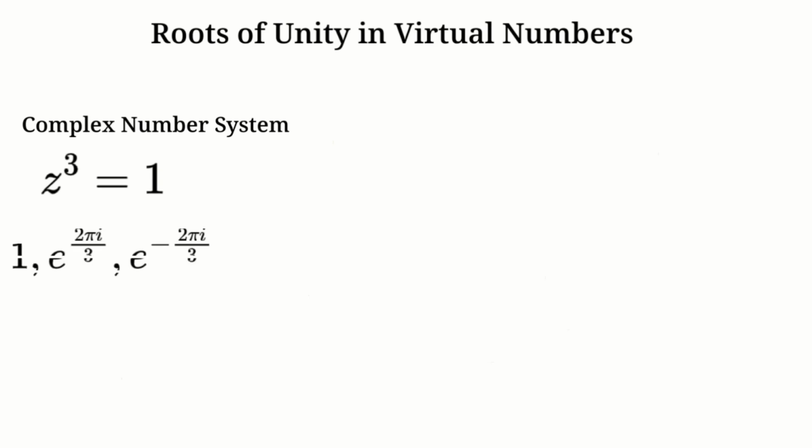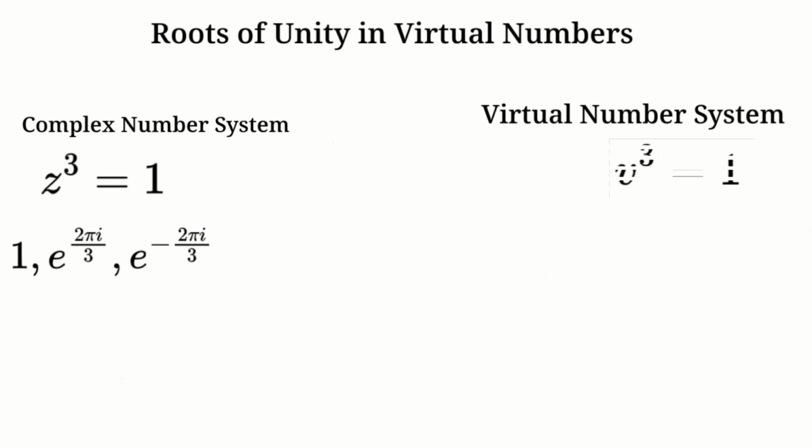Finding the roots of unity in virtual numbers. In complex numbers, the cube roots of unity satisfy z³ = 1. The solutions are 1, e^(2πi/3), and e^(-2πi/3). In VNS, we solve z³ = 1. Taking the natural logarithm of both sides, 3 ln z equals 0.